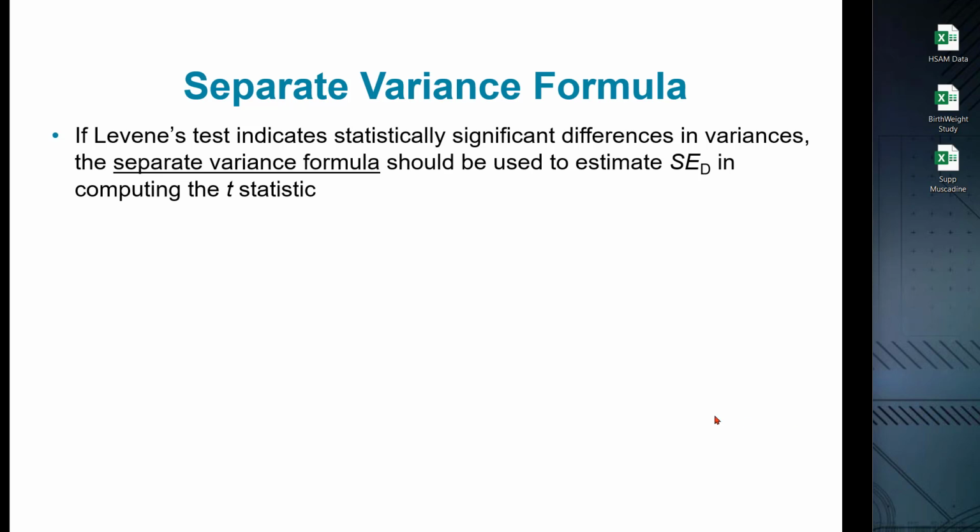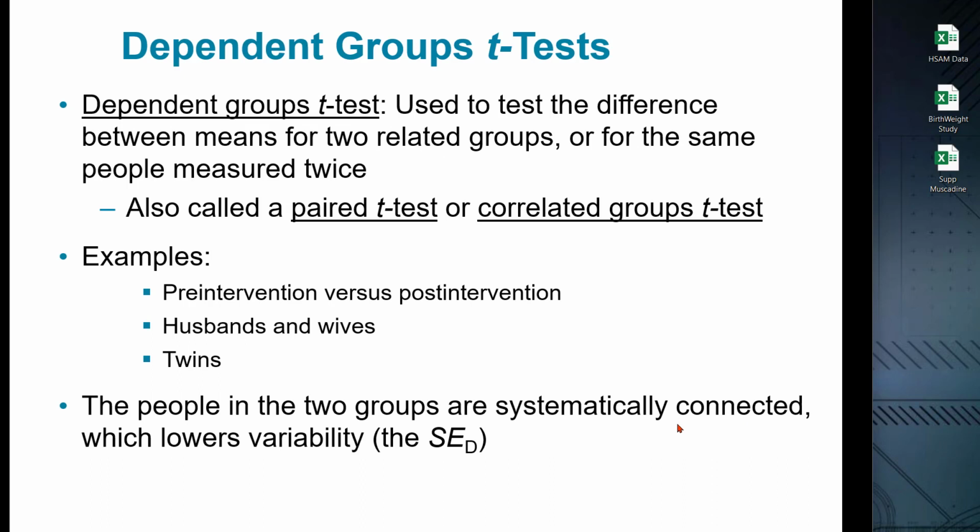The dependent groups t-test, or paired t-test, is used when comparing the means of two related or dependent groups. This test is applicable when the observations in one group are paired or matched with the observations in the other group, such as before and after measurements on the same individuals.